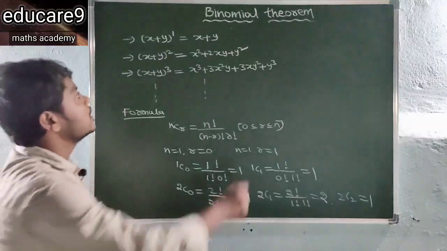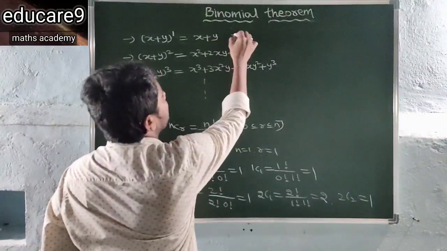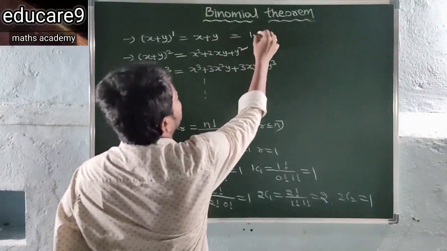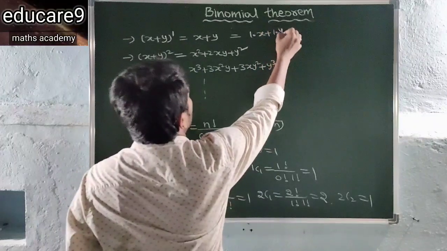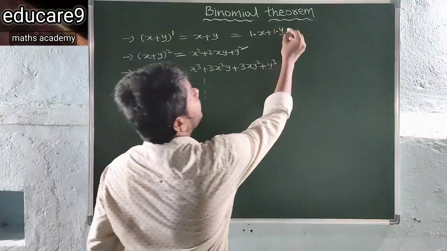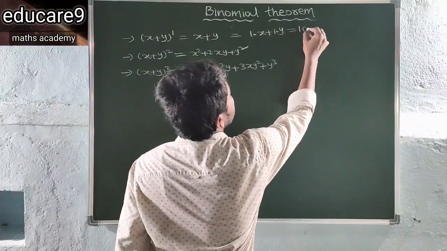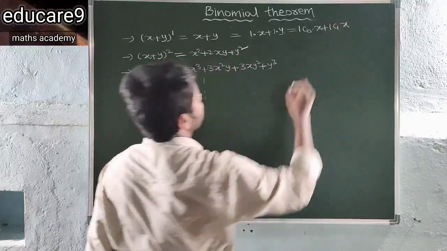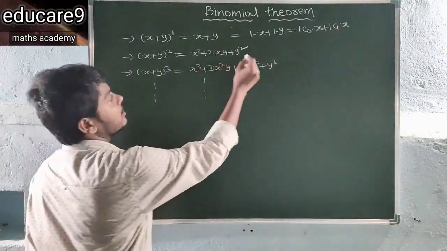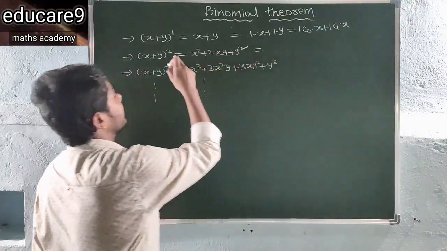Now see here x plus y, this is 1 into x plus 1 into y. So therefore this can be written as 1C0 x plus 1C1 y, and this one can be written as, n is 2.